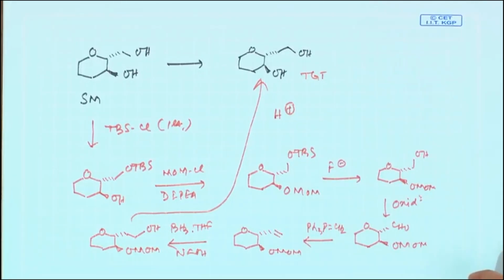So, in this way, just by using selective protection and deprotection, you can play with the target molecule and try to correlate with the starting material, how the starting material can selectively be used or functionally manipulated to the given target.